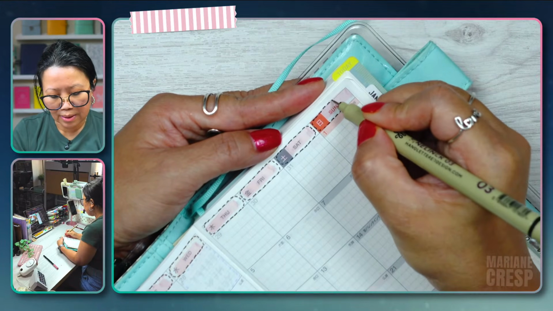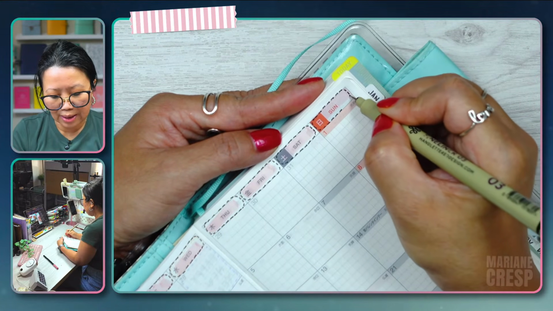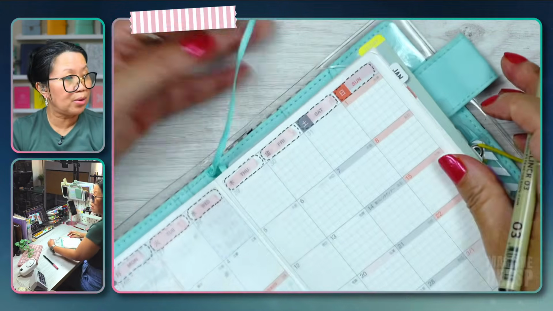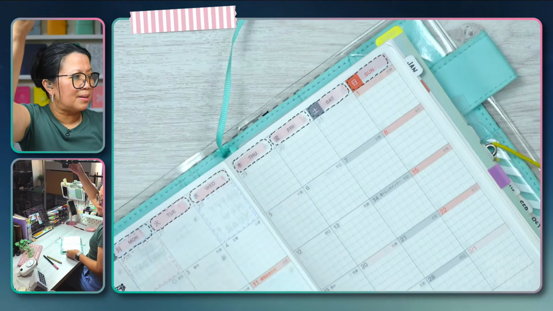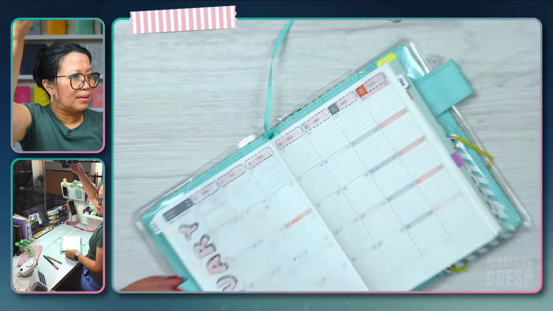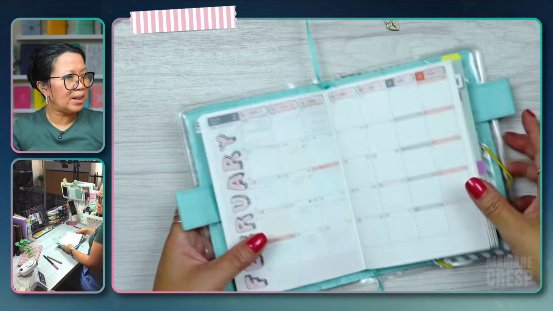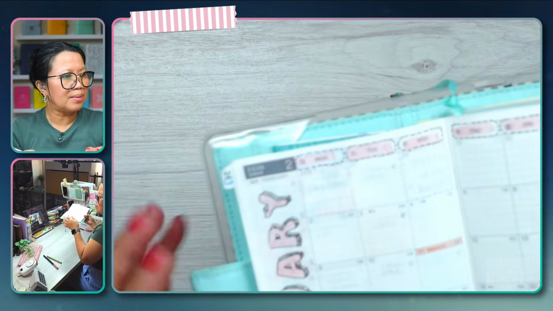And then I would print a picture of the book cover, and then I would have that.